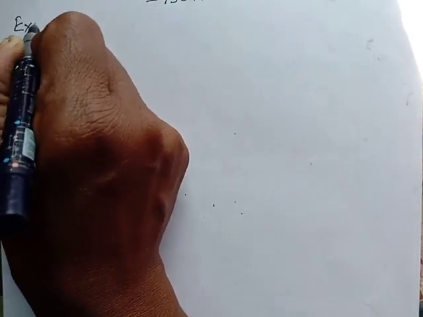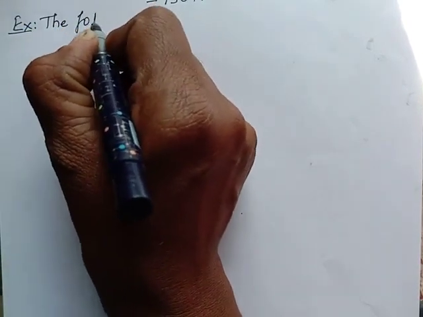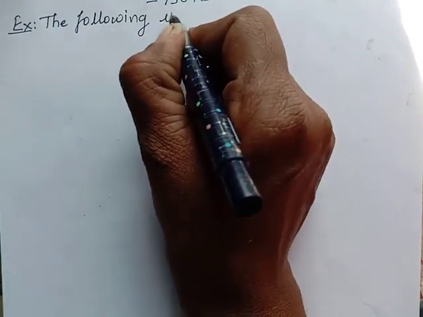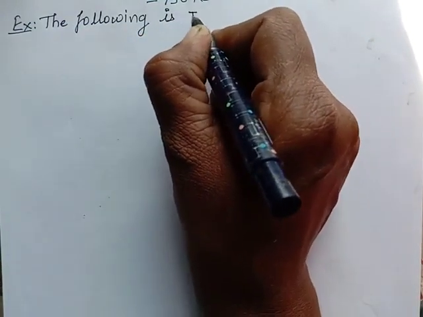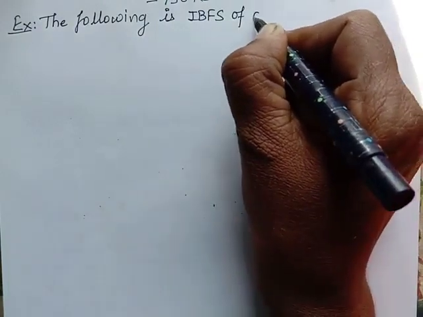Hello students, now let's solve some more problems on the same one of optimal solution to the transportation problem. So example, the following is initial basic feasible solution of a TP.